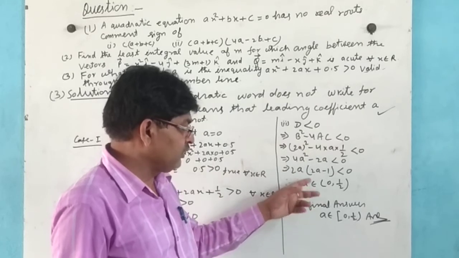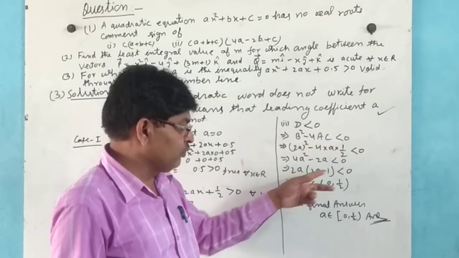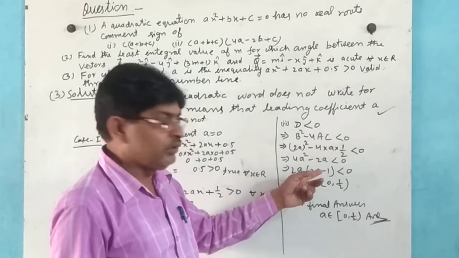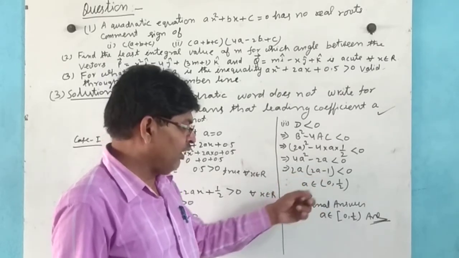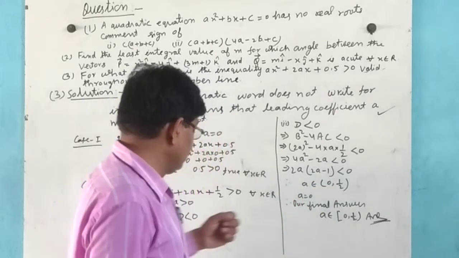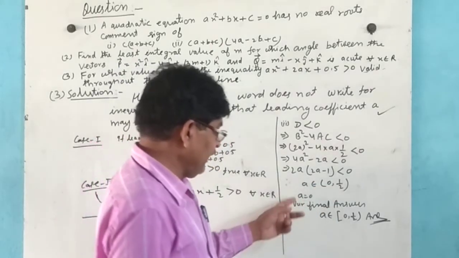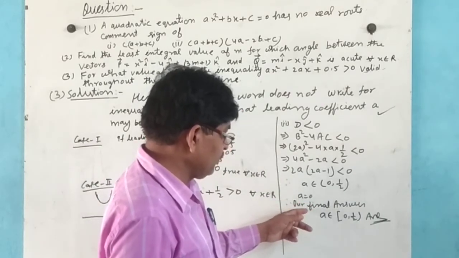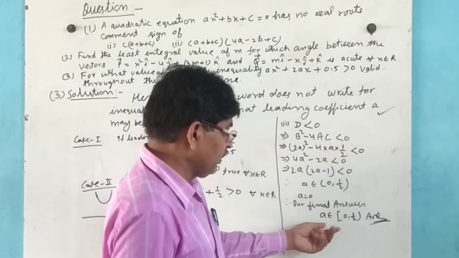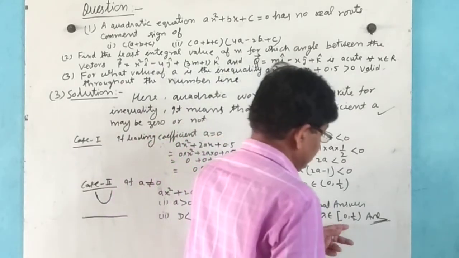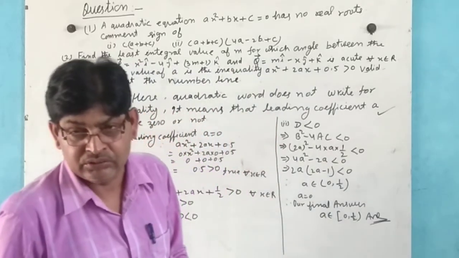So 2a equals 0, a equals 0, and 2a minus 1 equals 0, a is equal to half, so a belongs between 0 and half. But a is not 0, so our final answer is a belongs to (0, half). This is our final answer.